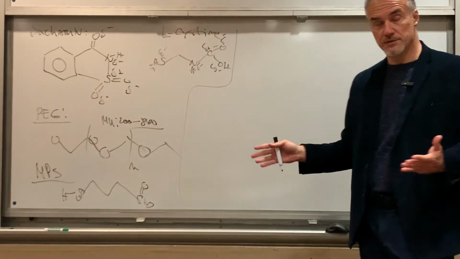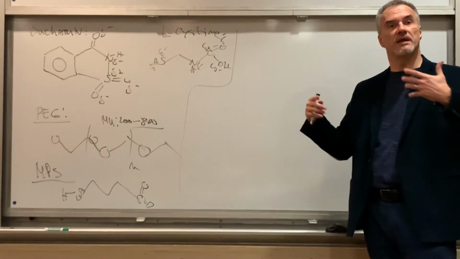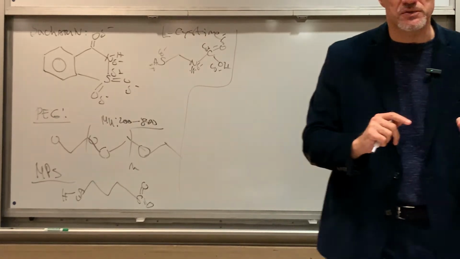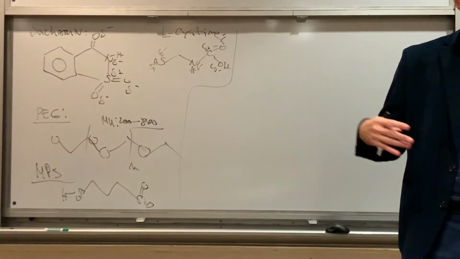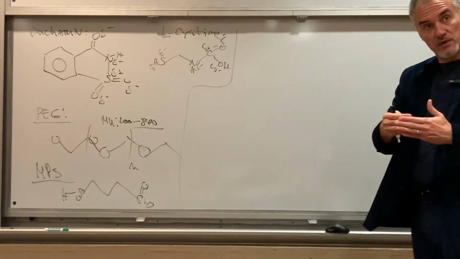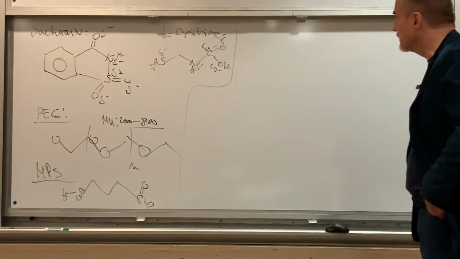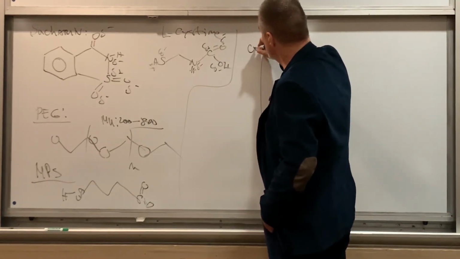Because if it's not on the surface, there is no magic, because this organic molecule only does its magic if it's on the surface when you do electrodeposition. If it's in the solution and never comes close to the surface, what's the point? It's in the bulk solution, right? So it has to be in the proximity of the electrode, very close to the surface, adsorbed, so it does its magic, right?